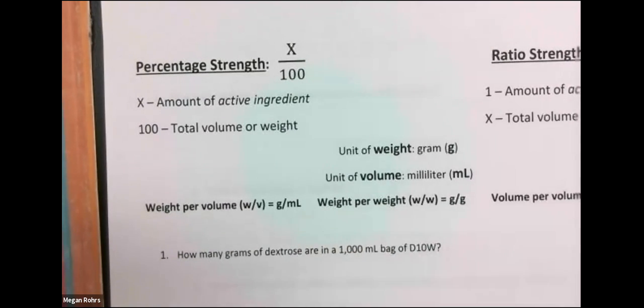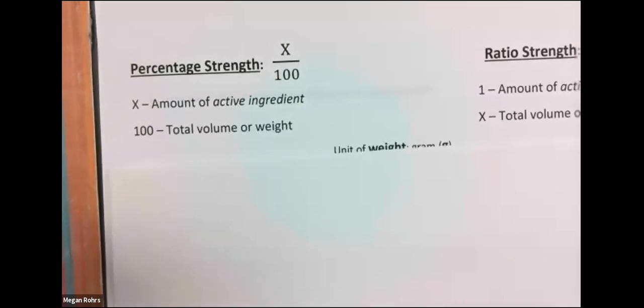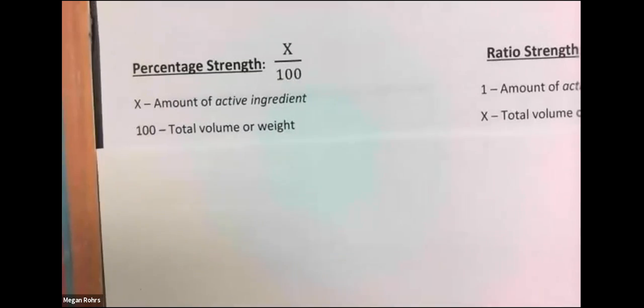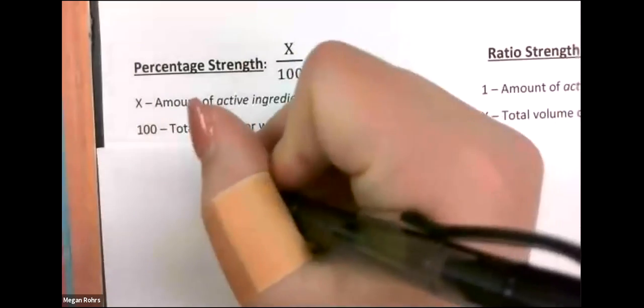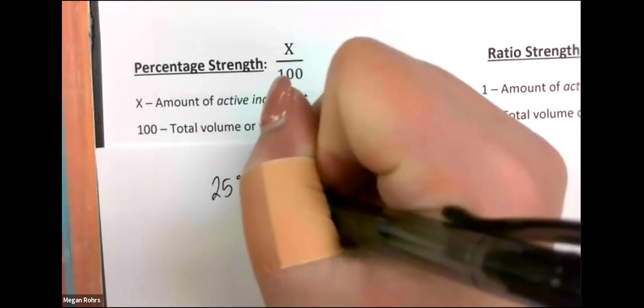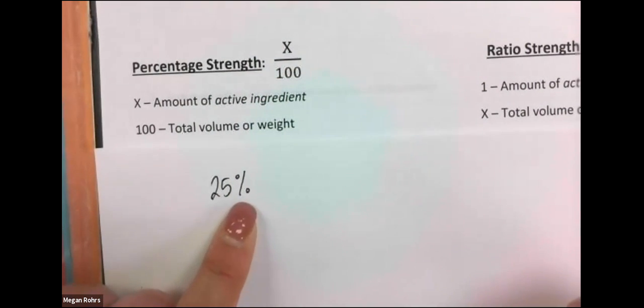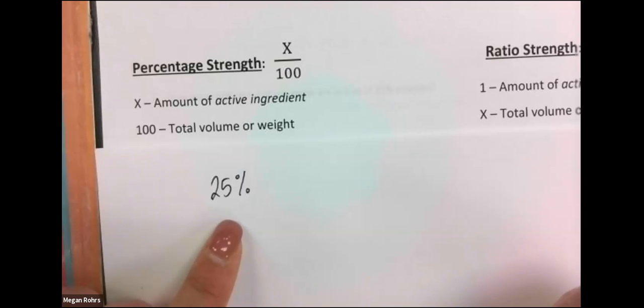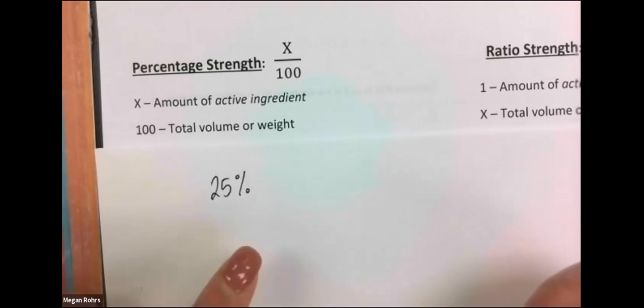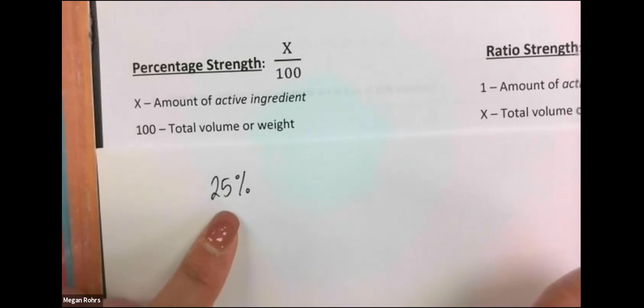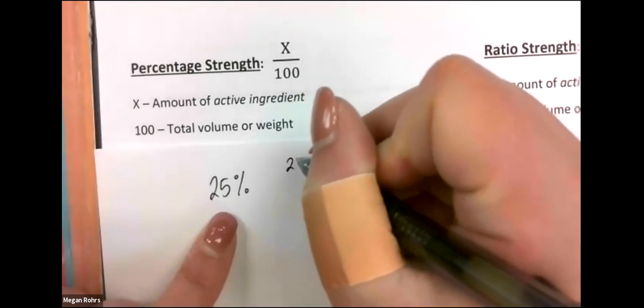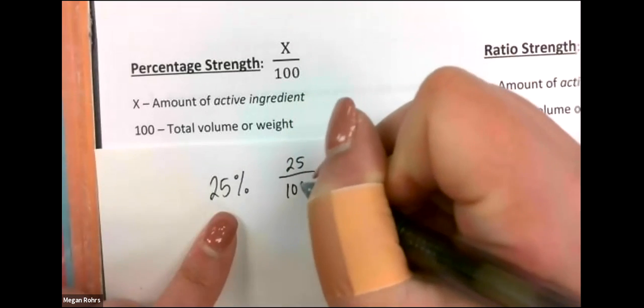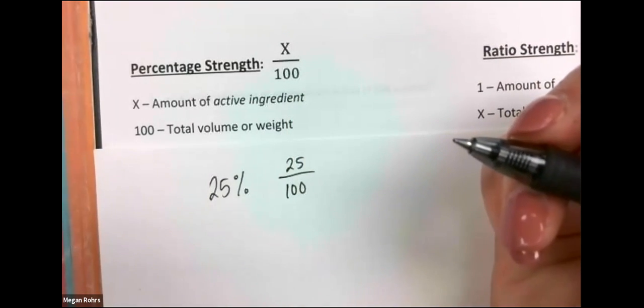So let's just take a look at some percentages real quick. For example, if we had 25%, we see the percent sign. If I want to change this to a fraction, all I have to do is take this number and put it over 100. So 25% is 25 out of 100.